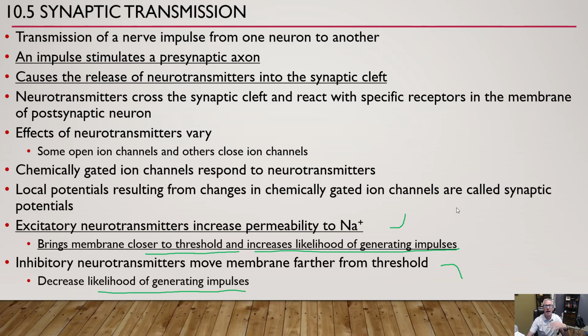In our action potential example that we went through, all we looked at was the excitatory portion of a neurotransmitter. We did not look at the inhibitory portion because that would never reach threshold.